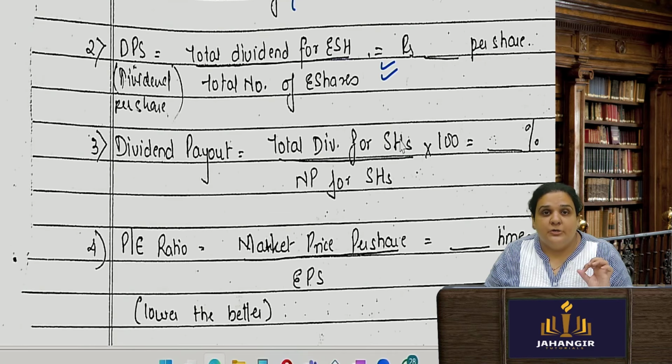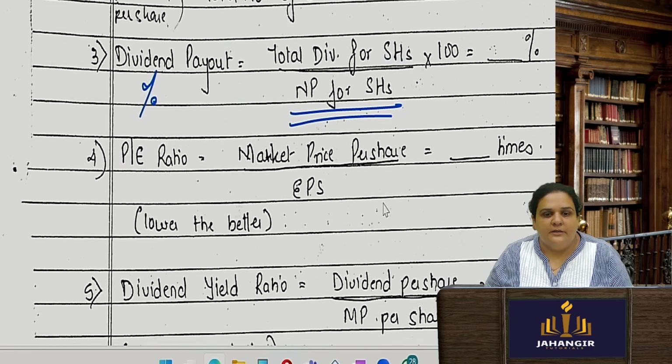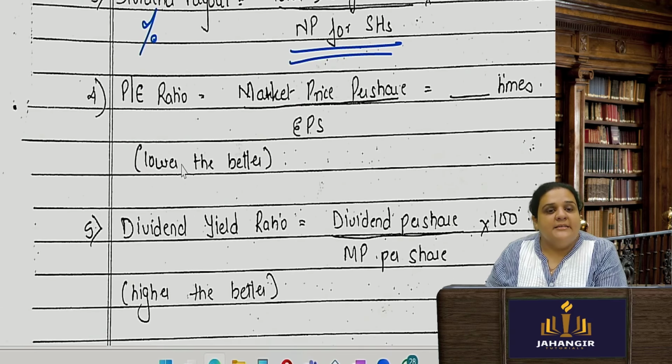Dividend payout ratio is always in percentage. So total dividend upon the net profit for shareholders. Total dividend, how much dividend you are paying upon the total net profit available for equity shareholders, will give you a dividend payout ratio. Price earning ratio: market price per share upon earning per share.